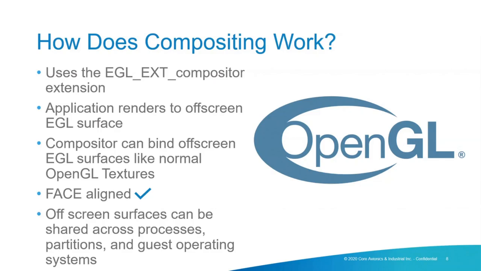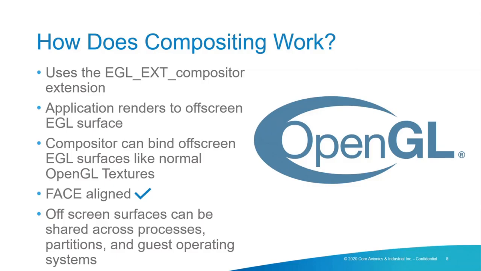The way this works in OpenGL is that a compositor application allocates several surfaces for an off-screen application to use. The way the off-screen application accesses those surfaces is that each surface has an ID associated with it, and they will request that surface with that ID at initialization, and the driver will give it that surface.